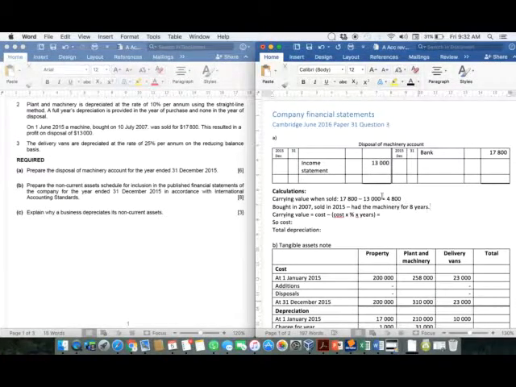If it's now worth 4,800 Rand and you're depreciating it by 10% per annum for 8 years, that means that you can actually work out, if you look at this, your carrying value of 4,800 is your cost minus 80%. So your cost is actually going to be 4,800 divided by 20%. In other words, what is left over.